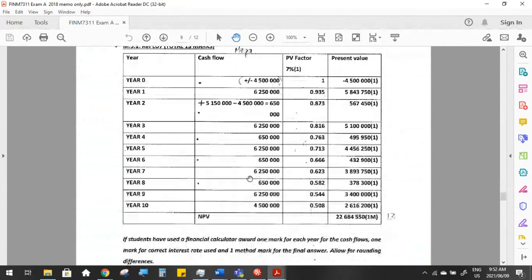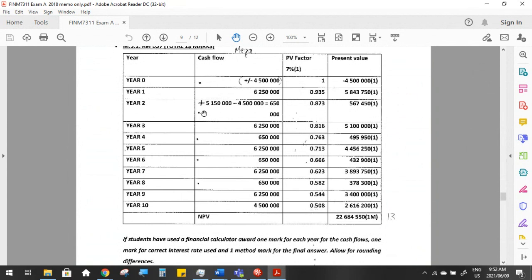So here are your workings. 10 years we want down here, initial investment and then reinvestment over 10 years. So remember, the way we do this is we take the initial investment out plus the year 1 in and year 2 in. Then in the last year of the cash flows, which in this case is year 2, we then repeat the cash flows.